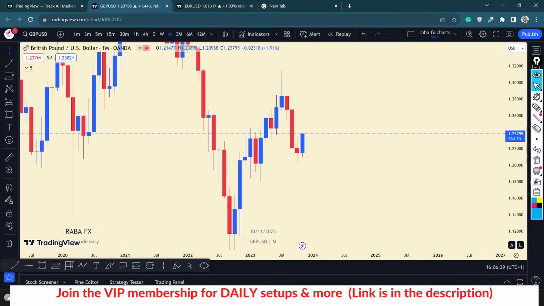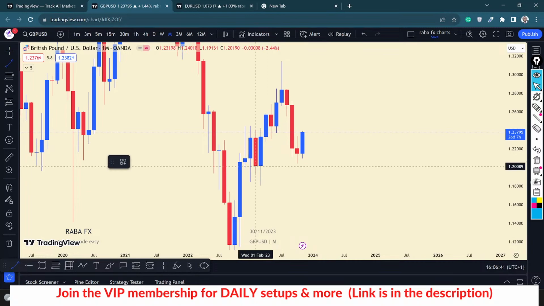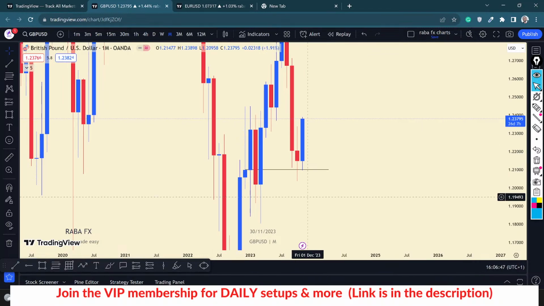So this is the monthly. On the monthly, on pounds, we rejected off this level. The market closed above. Remember, I was telling you that I prefer price to come back down here. That's my own feeling, but the market rejected.